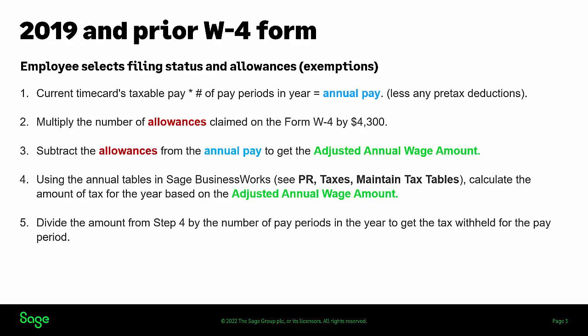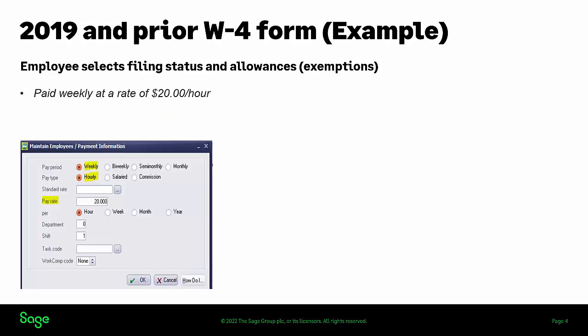Now we use the annual tables in Sage BusinessWorks under Payroll, Taxes, Maintain Tax Tables to calculate the amount of tax for the year based on the adjusted annual wage amount. This gives us the annual tax withholding. We then divide that amount by the number of pay periods in the year to get the tax withheld for that pay period. Let's look at an example.